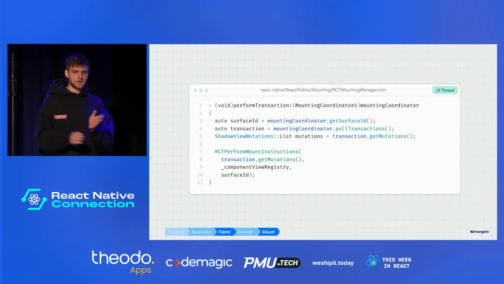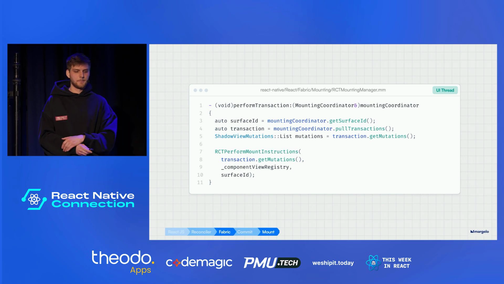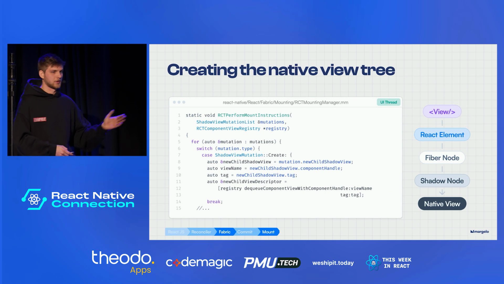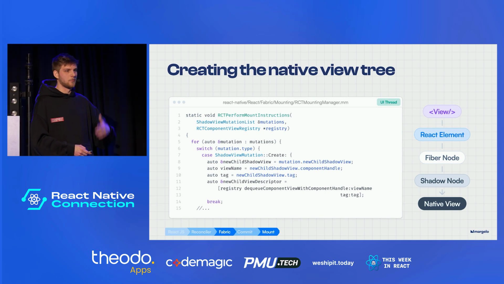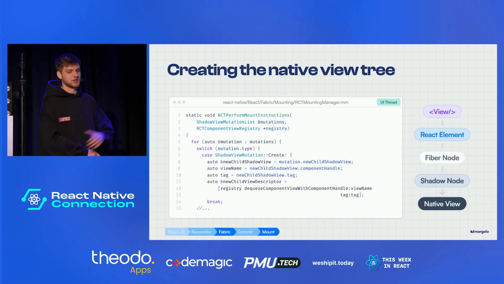And it's running a diffing algorithm to calculate a list of mutations that we need to perform in order to update our native screen. And then we perform those instructions. And as you might have guessed, it's just a basic for loop where we go over each mutation and work on it. And one mutation type that we have here is the create mutation.